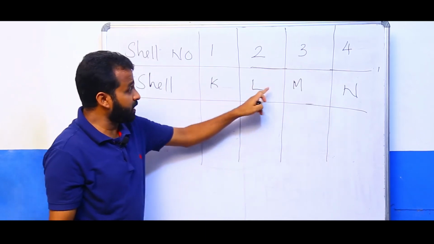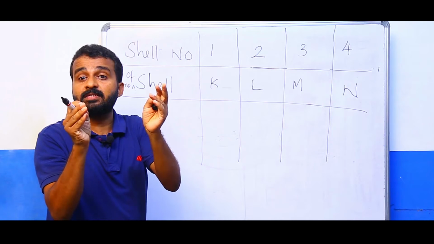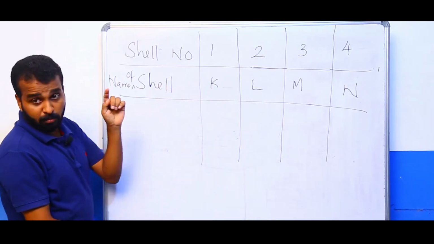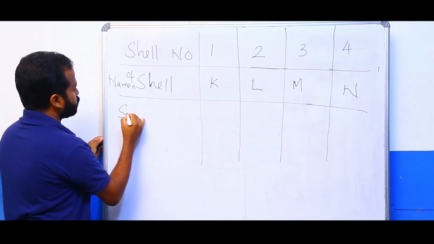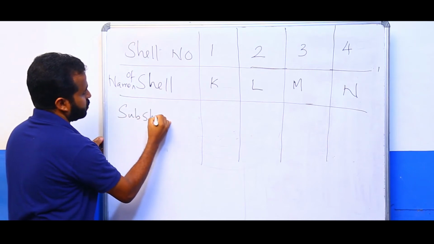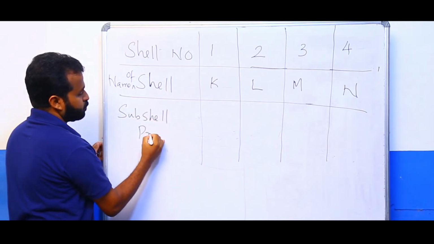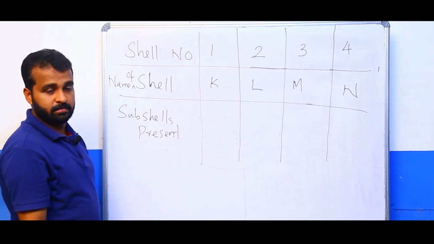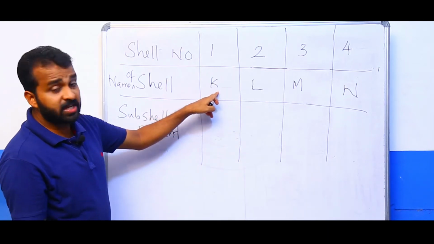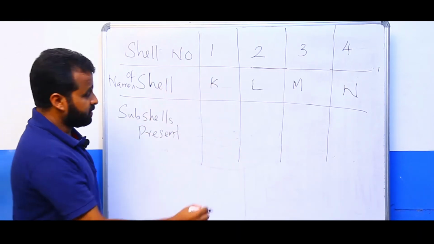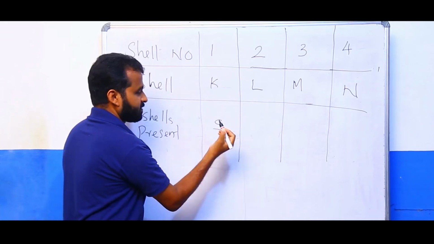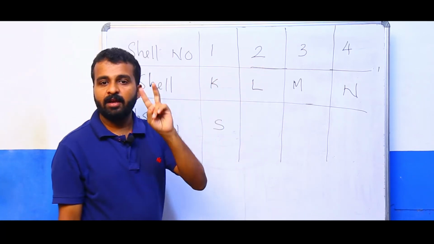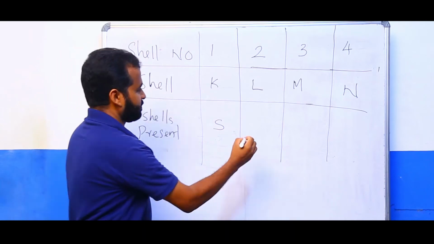In each shell we can have subshells. So we have one more column, subshell present. In the K shell we have a subshell that is known as S. In the L shell we have two subshells.